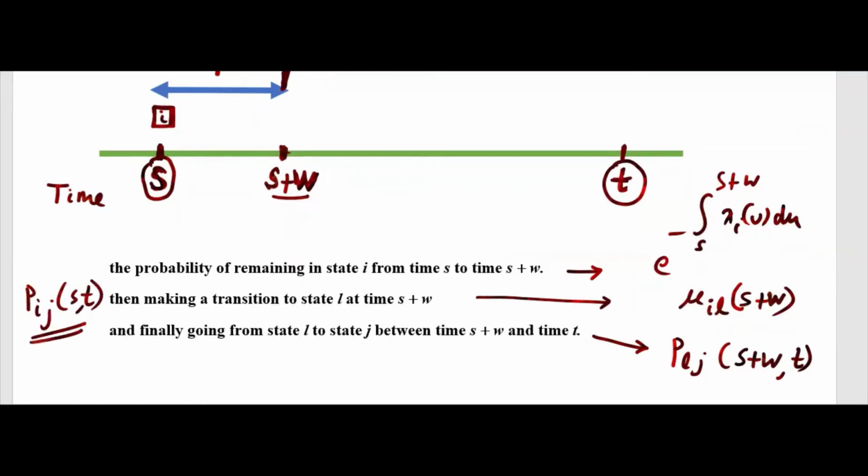Okay, so we started from I, and we wanted to go to J starting from time S in time duration T minus S, that is at time T. We wanted to do something for the duration T minus S, and the states were I to J. Similar thing came here.